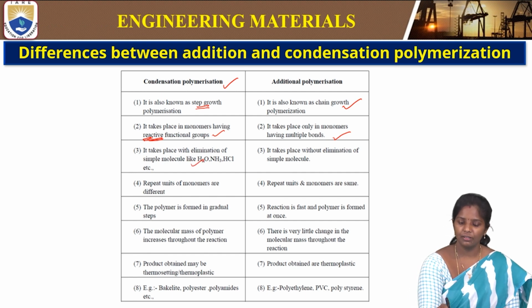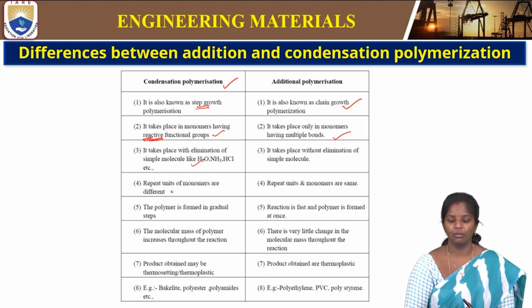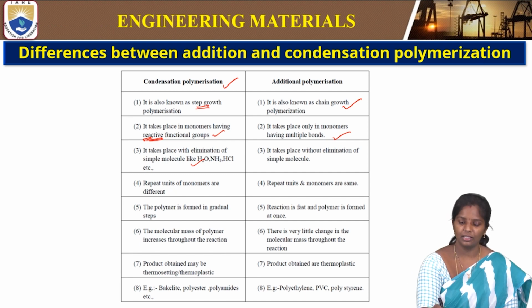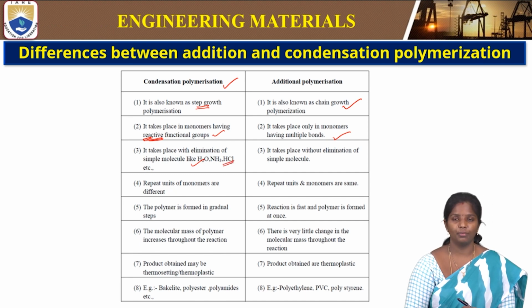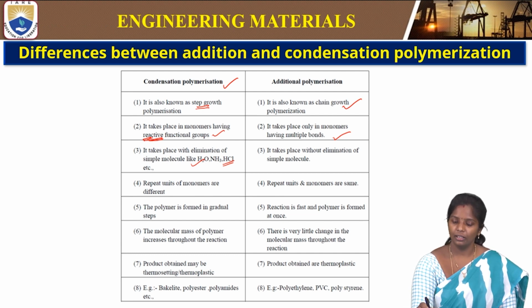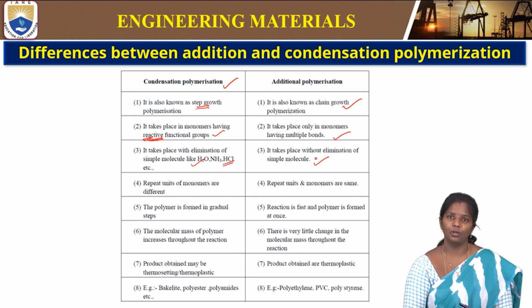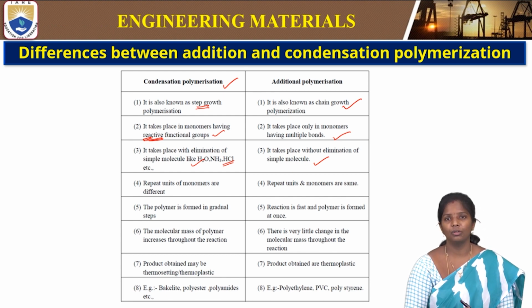Condensation takes place with the elimination of simple molecules like water, ammonia, and HCl. These are the eliminated products, the molecules that are released during the polymerization reaction. In addition, it takes place without elimination of any simple molecule. We keep on adding the monomeric units, so there is no elimination of any products.